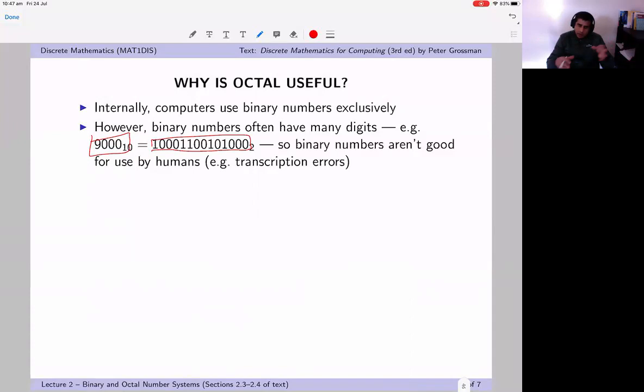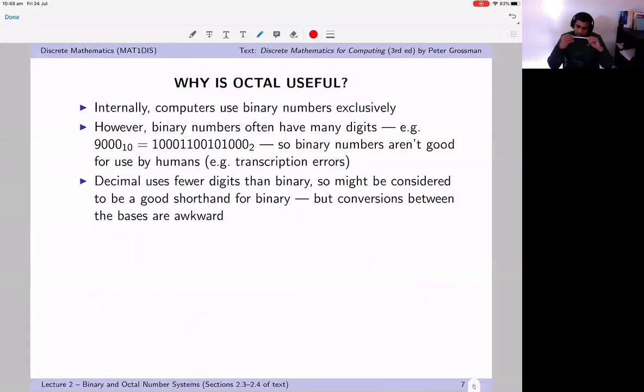The longer the string goes, there is a high tendency that you might skip or miss a 0 or 1 here and there. That may lead to transcription errors or decoding errors and all that. Decimal, of course, uses fewer digits than binary, so it might be considered a good shorthand for binary.